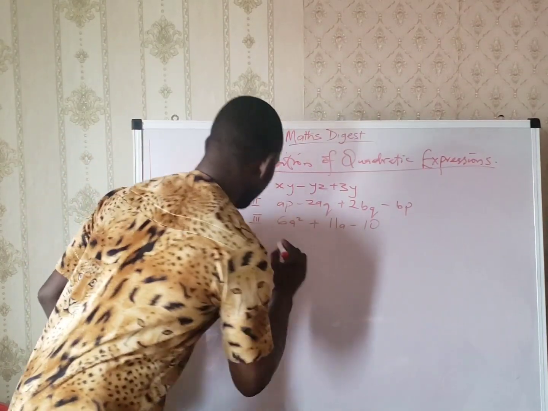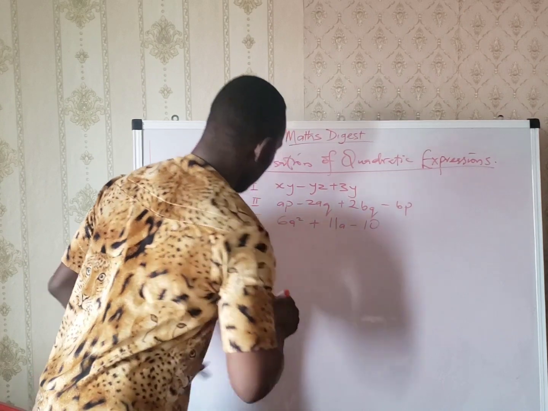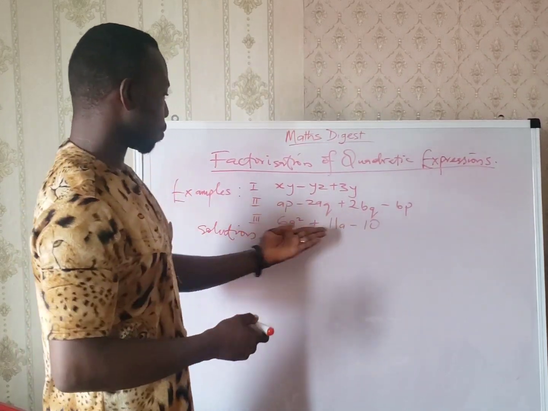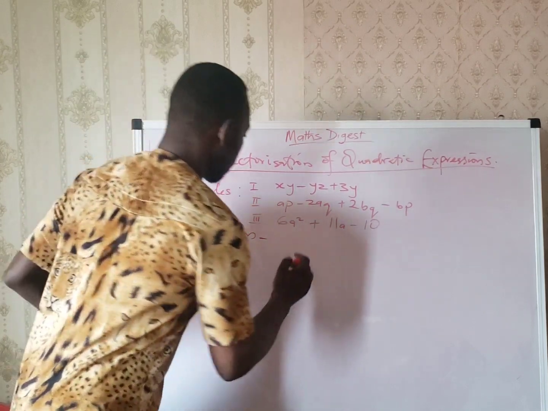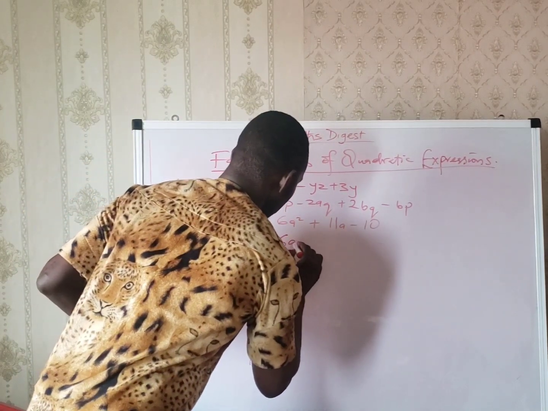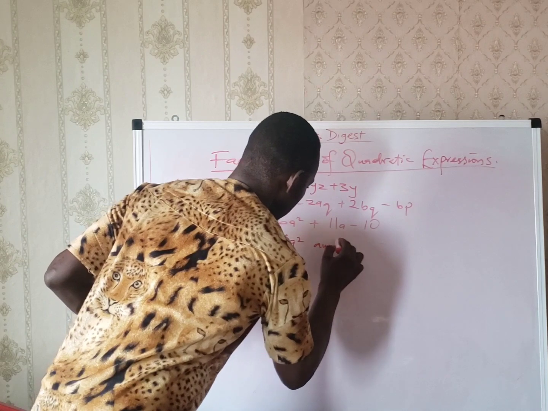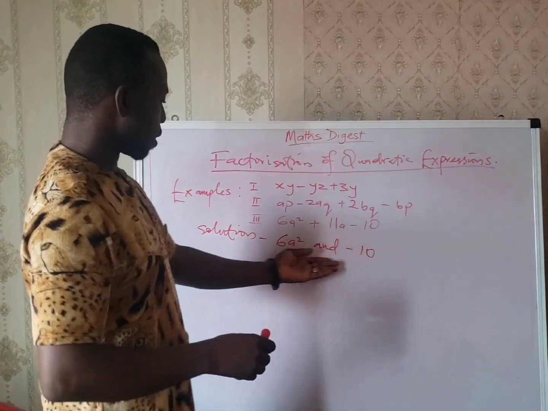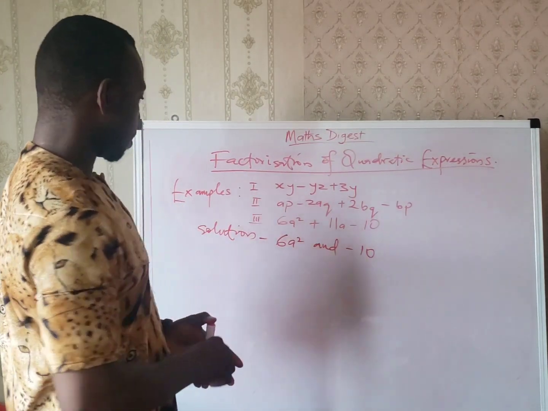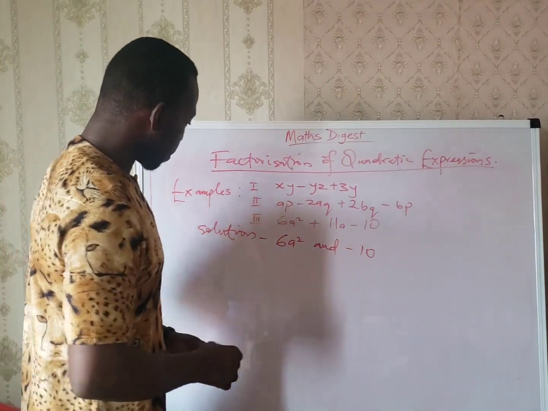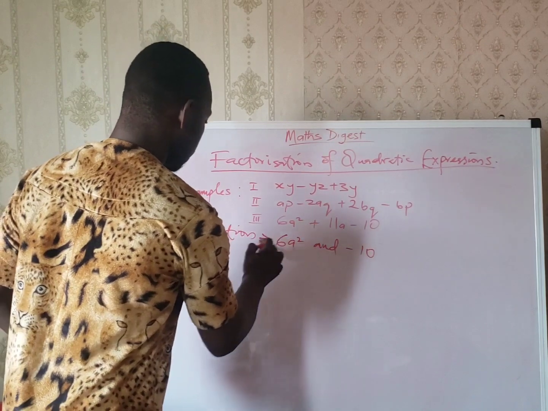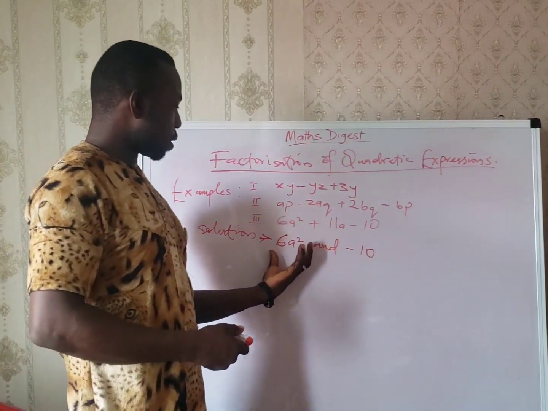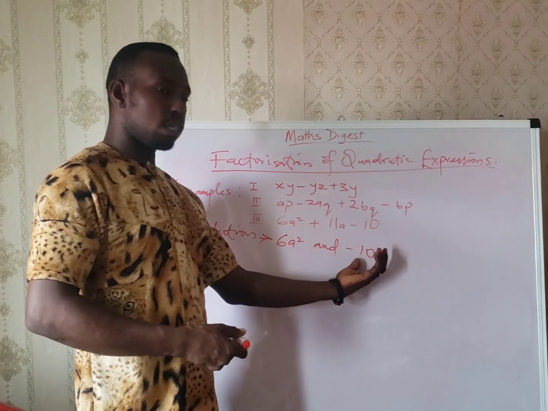So in this we first of all consider these two: 6a squared and minus 10, that's the constant. Now on this we find out the factors of this and factors of this.